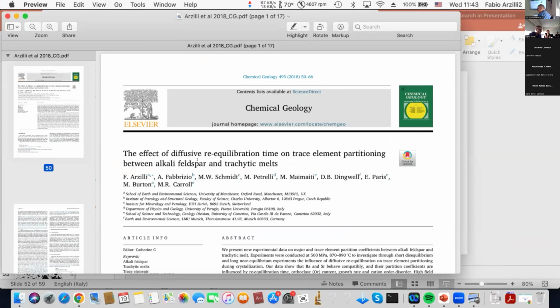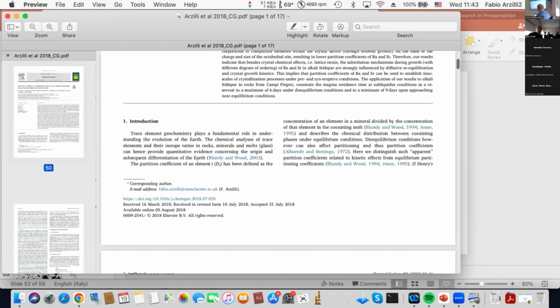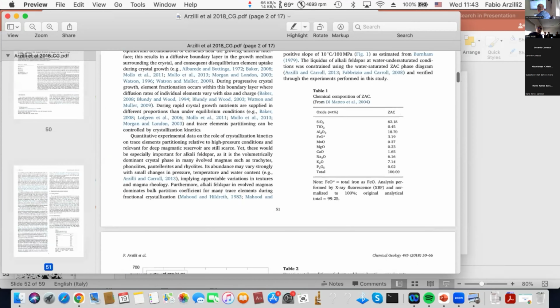If I perform a very fast experiment, trace elements will behave in a certain way. And if I keep the same condition longer, I see that there is a diffusion, a re-equilibration. So I constrained the equilibrium from trace elements doing that. And this is what you observe. I don't know if it's useful for you.